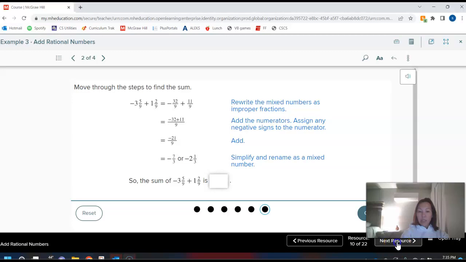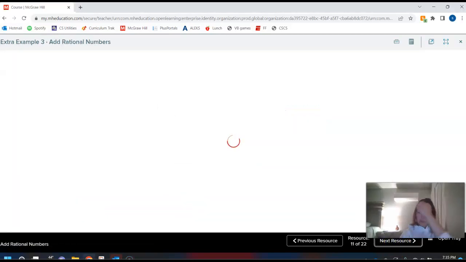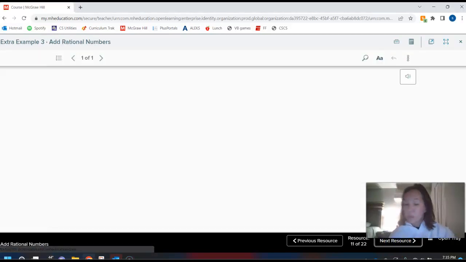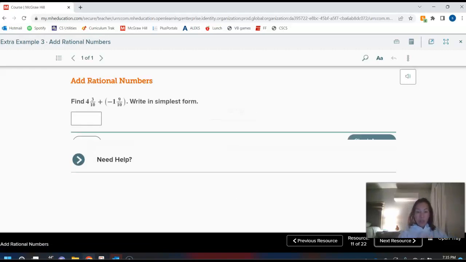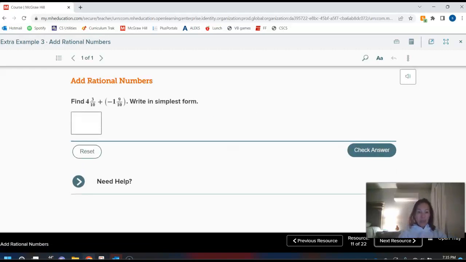All right, let's look at another example together. So for this one, we want to add these two numbers and write it in simplest form. So our first step is going to be to change it to an improper fraction.